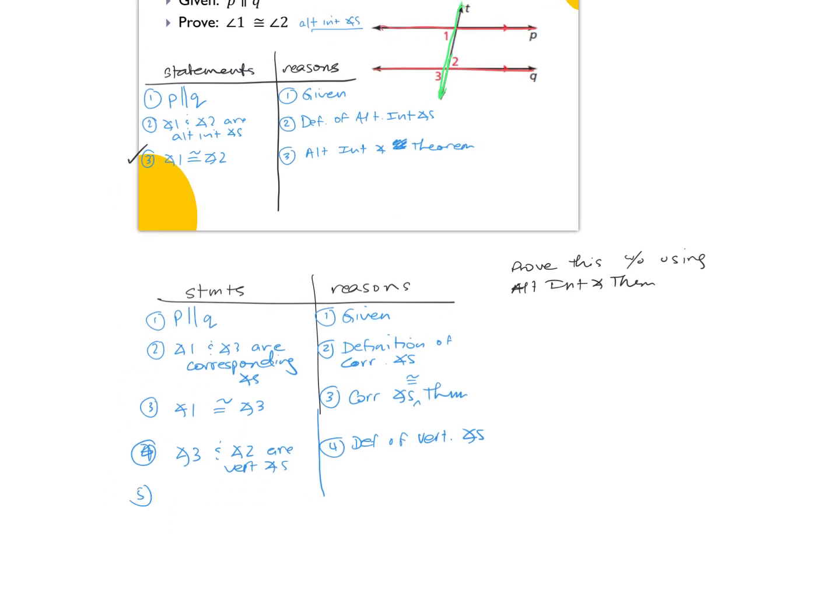And furthermore, I know that angle 3 is congruent to angle 2, because of the vertical angles congruence theorem. So I know 3 and 2 are equal.